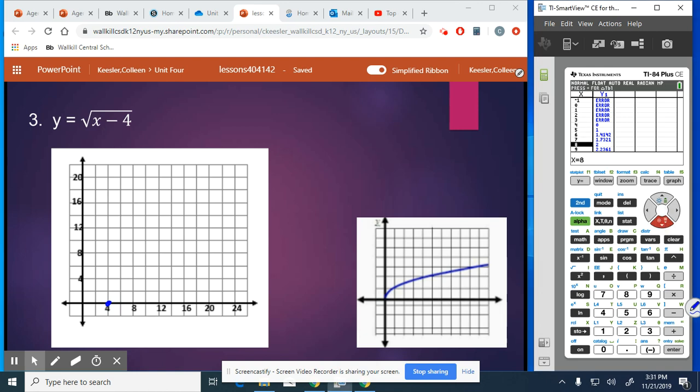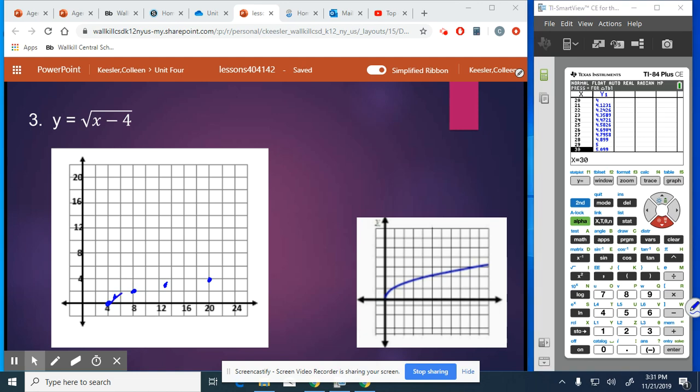Then we have 8, 2. Oh, I forgot 5, 1. We have 13, 3. And we have 24. I don't think I'm going to be able to fit anything else. Let me just check. 29, 5 I can't fit.